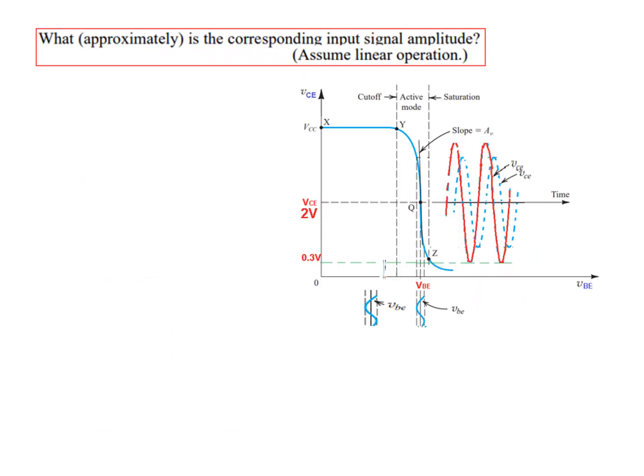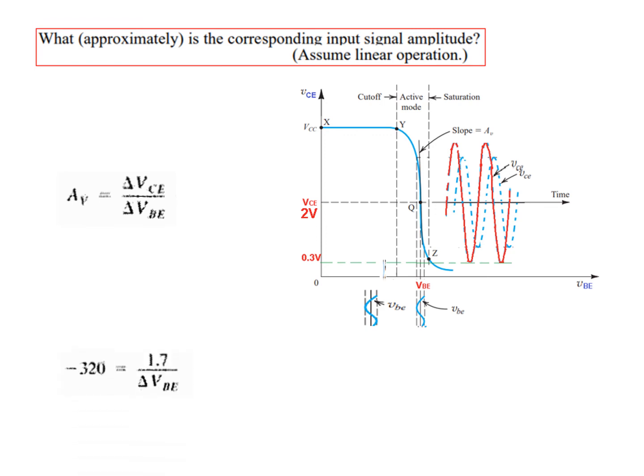Second part done. Third part, what approximately is the corresponding input signal amplitude? Now for all this, what will be the input signal when we have to reach this point? Now we have learned another formula for the gain, that is delta VCE over delta VBE.